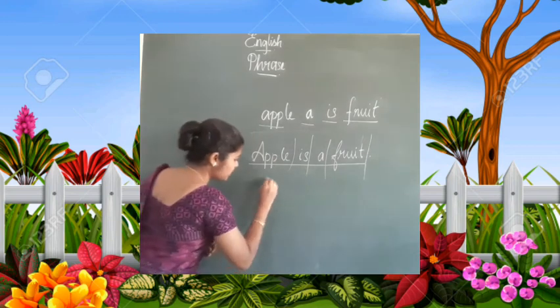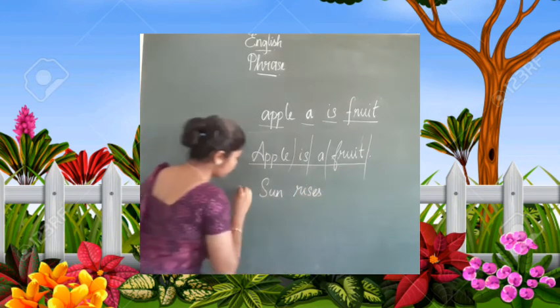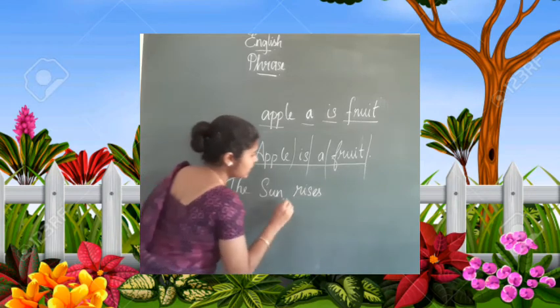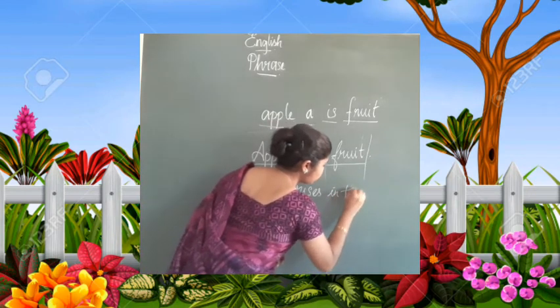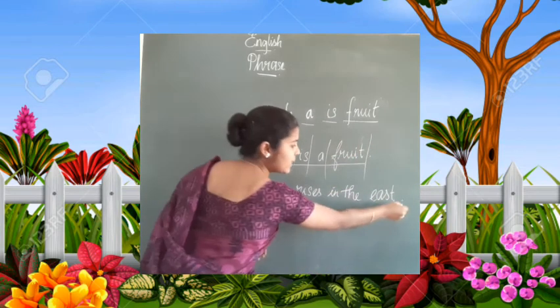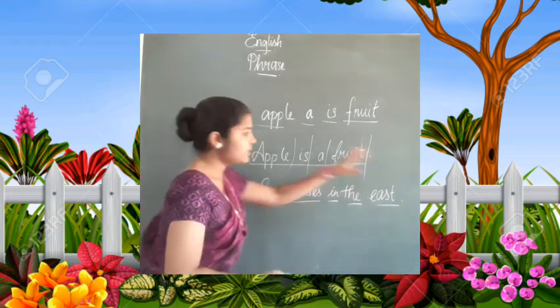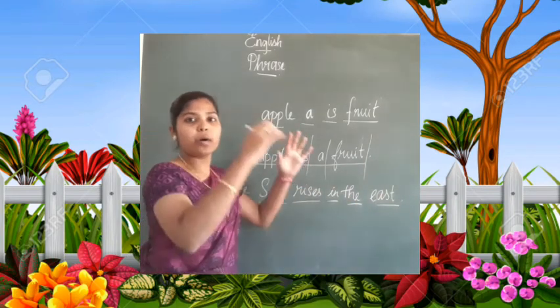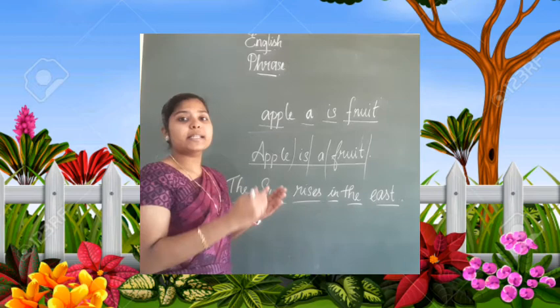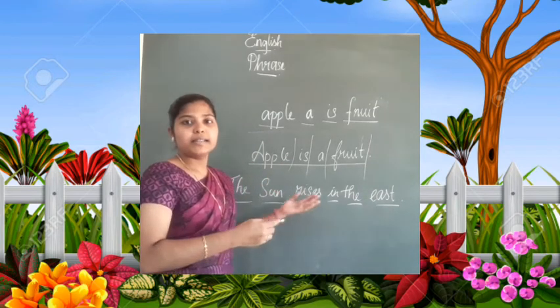Now, the sun rises in the east. So here east is a word. These are all separate words and this group of words formed together is giving a complete sense. So it is a sentence.